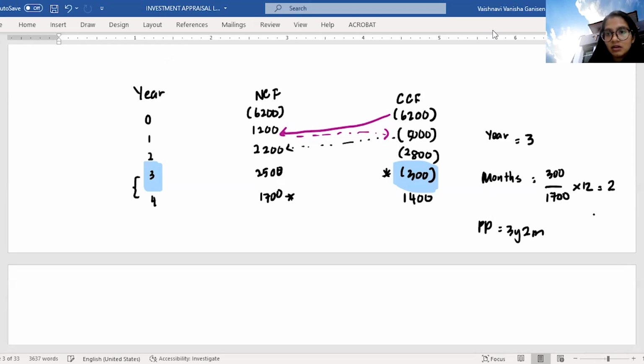You just take 3 years, and when you divide 300 by 1700, you get 0.18. So the number of years would be 3.18 years. So you can use only years, or a combination of years and months. You choose what the examiner is asking. If the examiner gives you a certain way, you need to calculate it in the way the examiner asks.